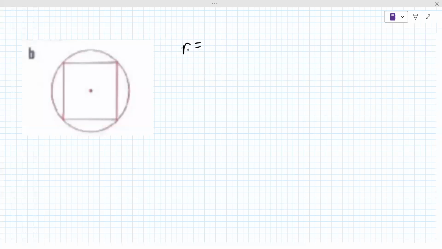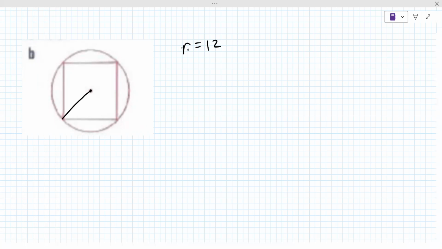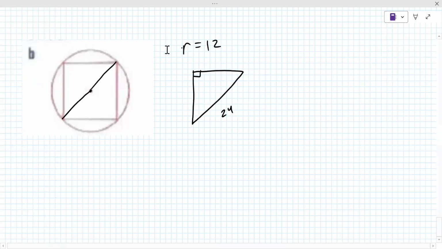So it says the radius is 12. And again, there's a proper radius to draw, and then there's ones that are not helpful at all. How do you know? I'm not sure. I mean, you do enough of these, you start to figure it out. If you draw two radii of 12, making 24, what is that in terms of this square here?